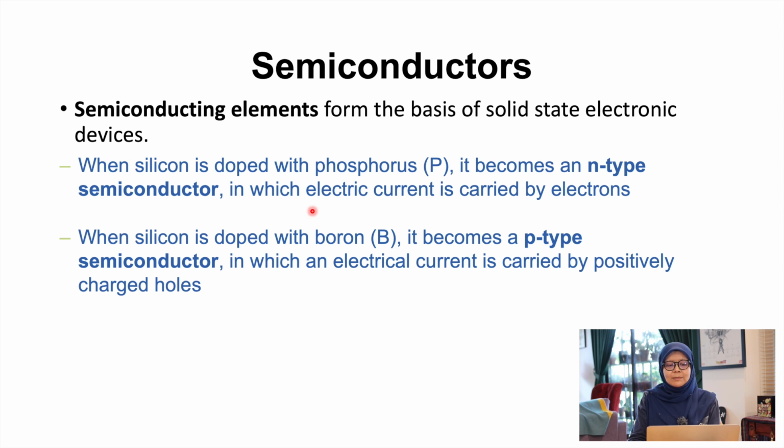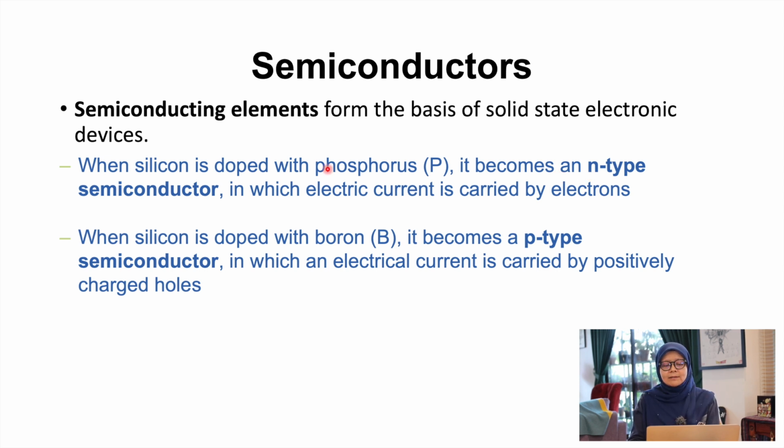For example, when silicon is doped with phosphorus, it becomes an N-type semiconductor, in which electric current is carried by electrons. So N means negative.